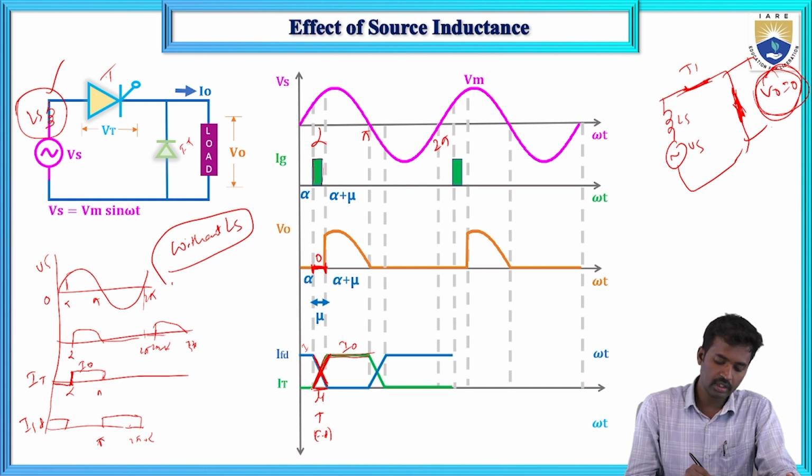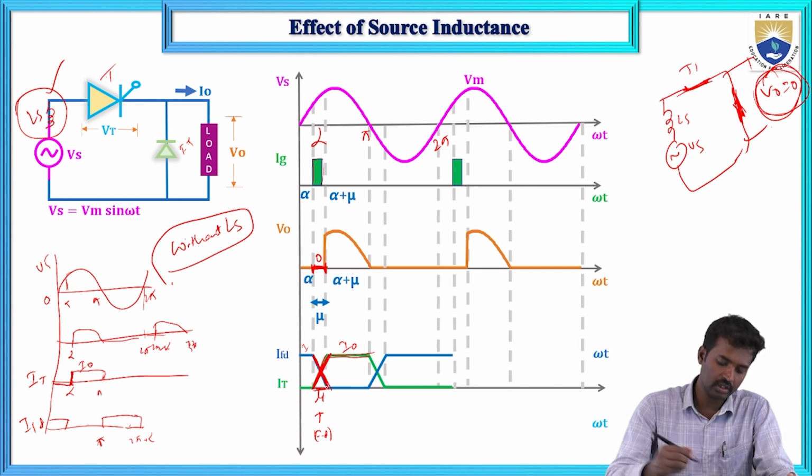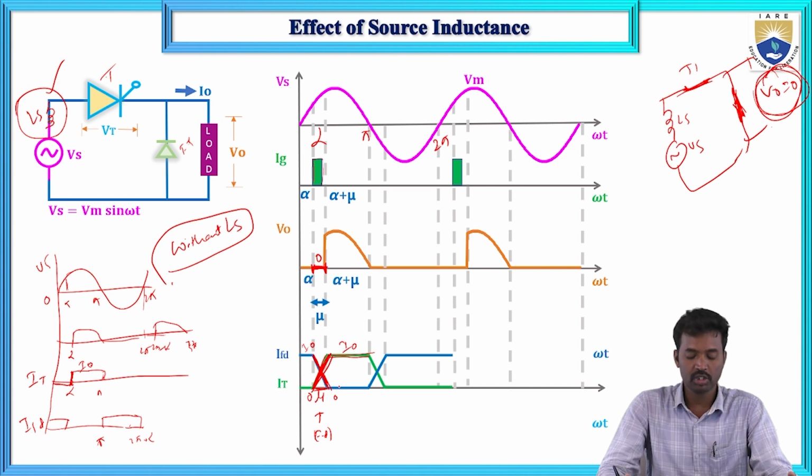The thyristor current increases linearly from 0 to I naught, and the freewheeling diode current decreases from I naught to 0, with some slope.